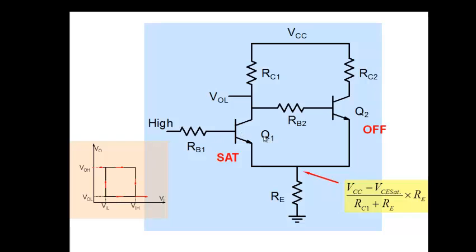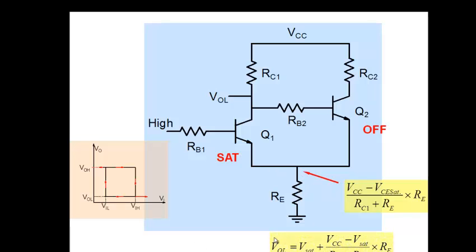And when will I switch off Q1? When the voltage here at this particular point drops below 0.7 plus this value here. Once the voltage begins to drop below this particular value, Q1 will start to turn off. And so my VIL is a point where the voltage at this end is nothing but 0.7 plus the drop here.